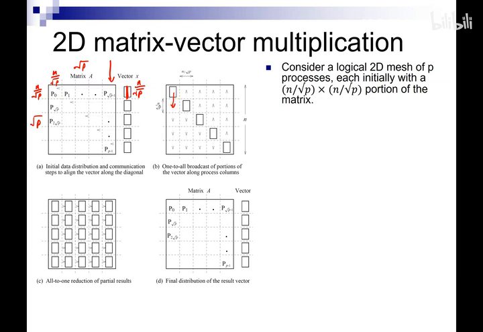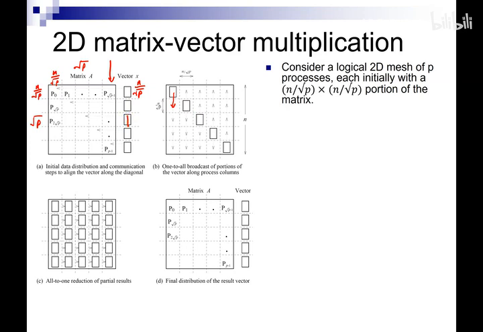Now, if you look at the second column, each of these processors has a part of a row of A, but they want the second chunk of X. If they have that part, then they can multiply the part of the row of A that they have by the part of X. So all of the processors in the second column want this second part of X, and all of the processors in the third column want the third part of X, and so on.